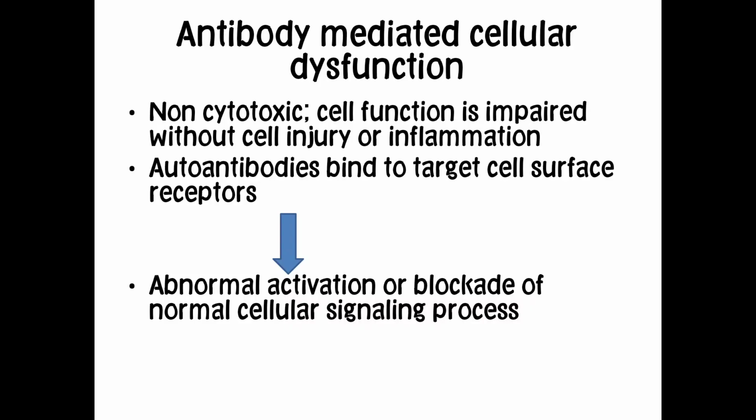They just impair the usual function of that given target cell. In other words, the cell stays intact and is not affected, but its function is impaired. Most times the antibodies bind the target cell surface receptors, and they cause abnormal activation or blockade of the normal cellular signaling process of the target cell, and hence the functionality of the target cell is impaired.